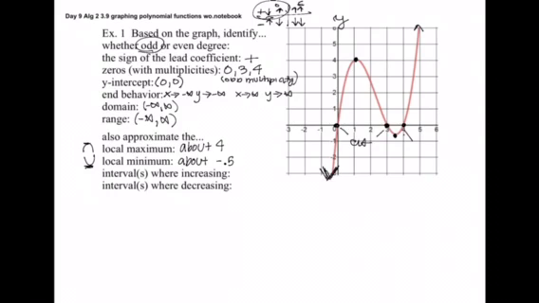Our intervals where our graph is increasing. So our graph is increasing. We read a graph from left to right, from negative infinity to about 1. When we're talking about increasing and decreasing, you're always looking at your x-axis. So we would say about 1.